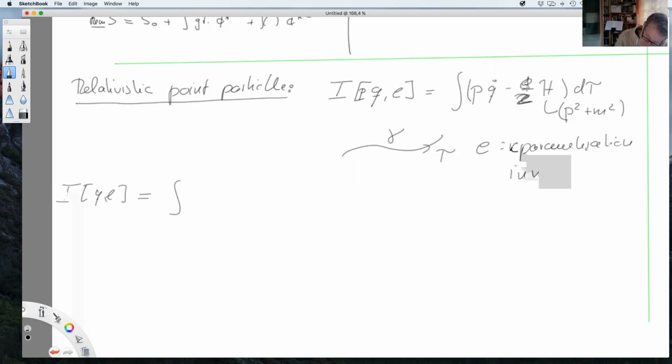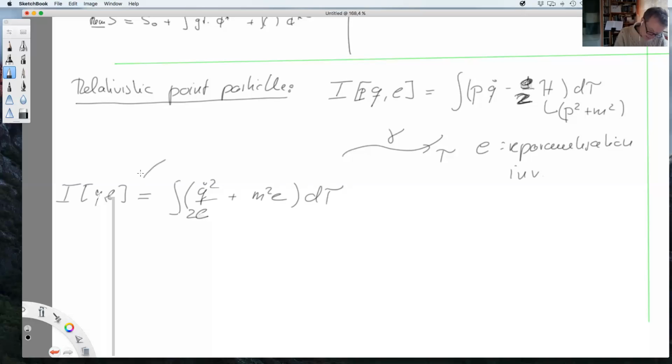So now, sorry about that. So then there should be a q dot squared, divided by perhaps 2e, and then plus m squared times e d tau.